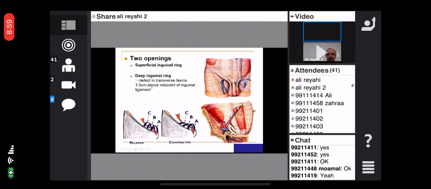1.5 centimeter above midpoint of inguinal ligament. This is the inguinal ligament, and this is the midpoint of the inguinal ligament.